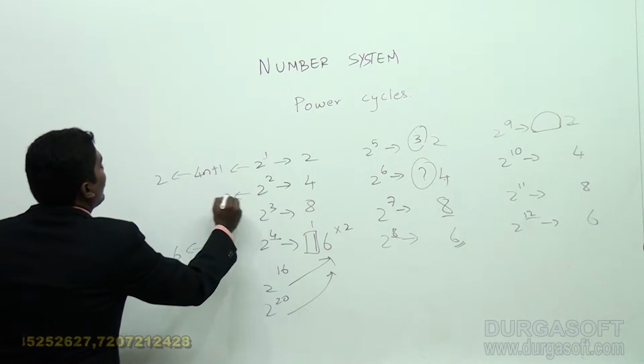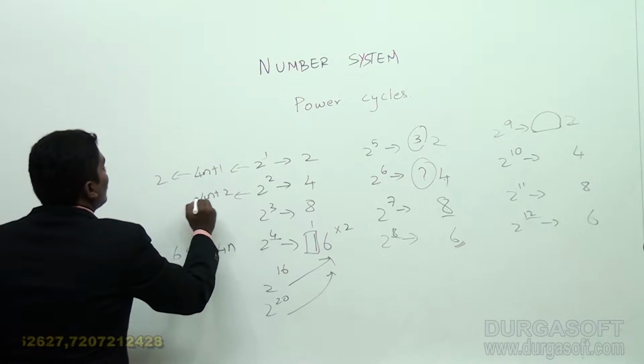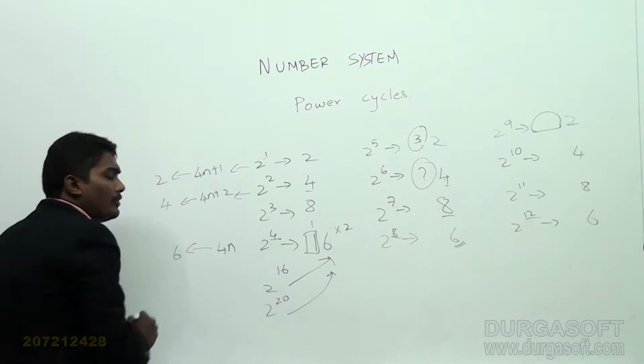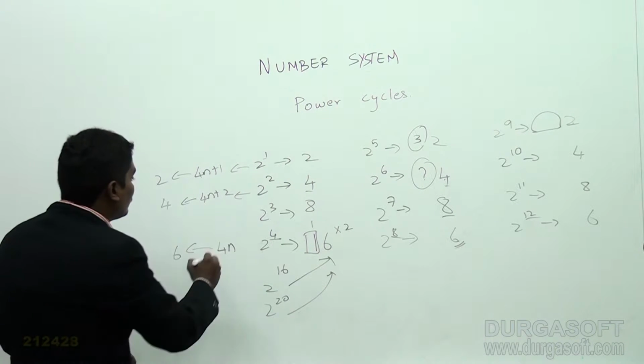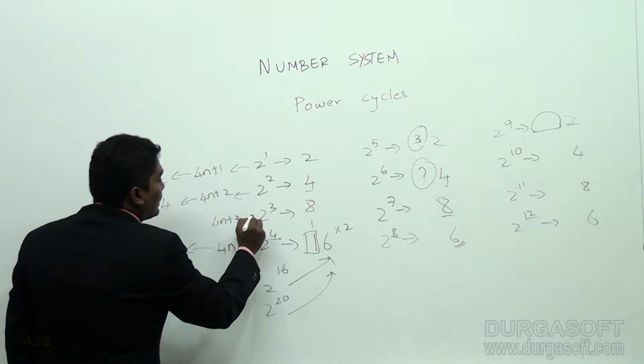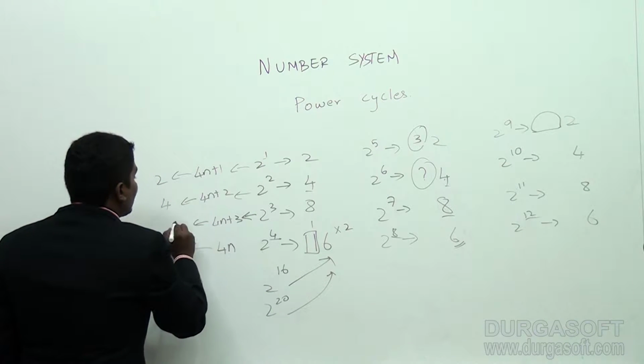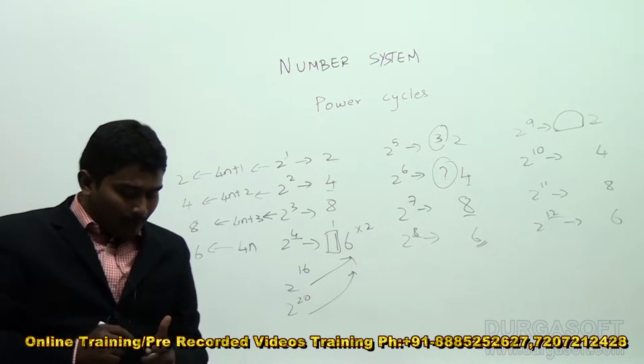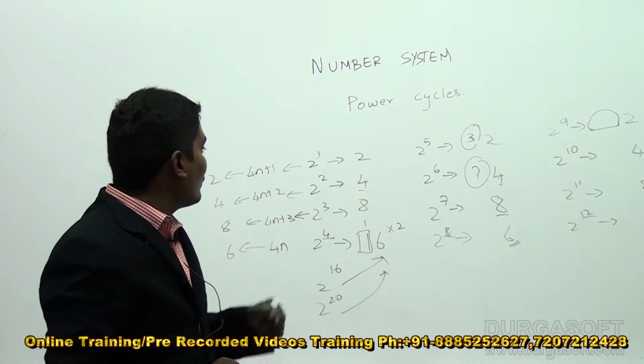If it is of form 4n plus 2, then the unit digit is always 4. And if it is of form 4n plus 3, then the unit digit is always 8. Now 2, 4, 8, 6 forms the power cycle of 2.